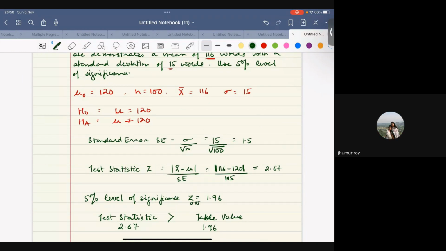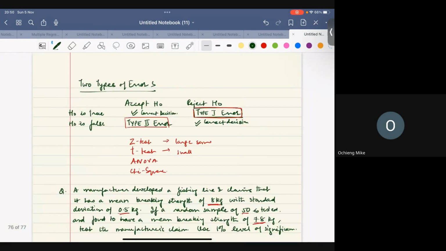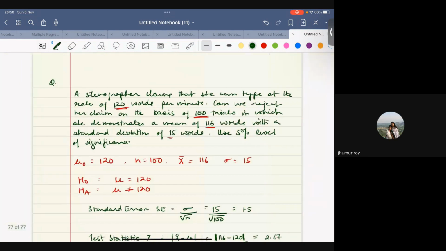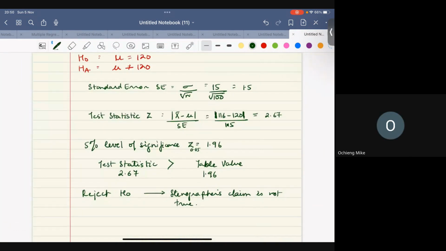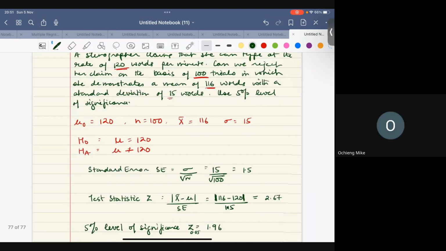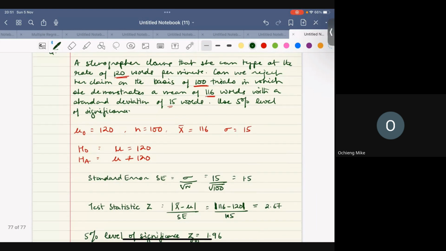Which one, here? This 116 minus 120. What does this sign here mean?